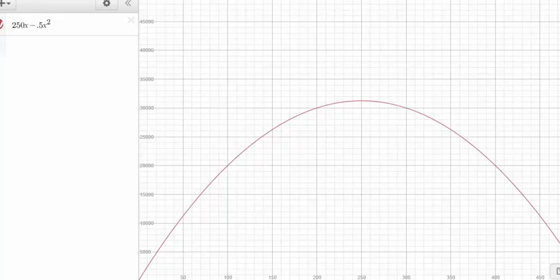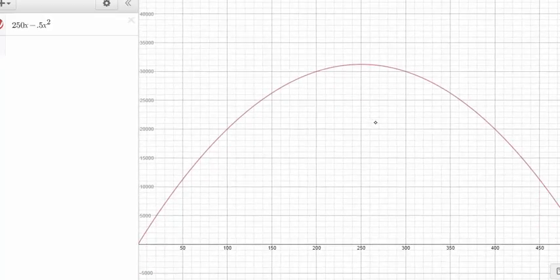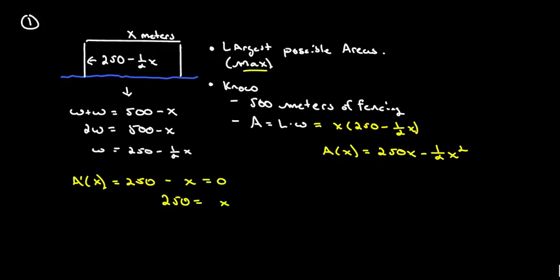So at 250, we are at our maximum, and our maximum area is somewhere right around here, so it's probably like 31,000 something. Now we can go ahead and calculate that.